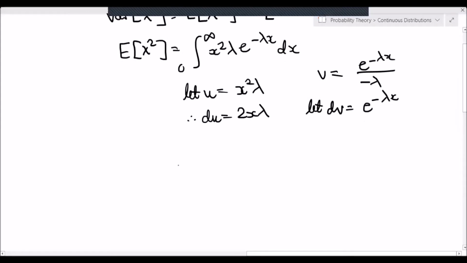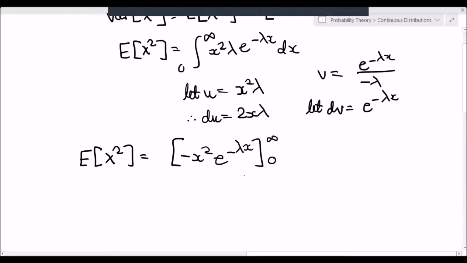And again, when we apply this formula for the integration by parts, we get the expected value of x squared is uv evaluated at its limits. So it's u times v, which leaves us with negative x squared e to the negative lambda x evaluated from 0 to infinity.